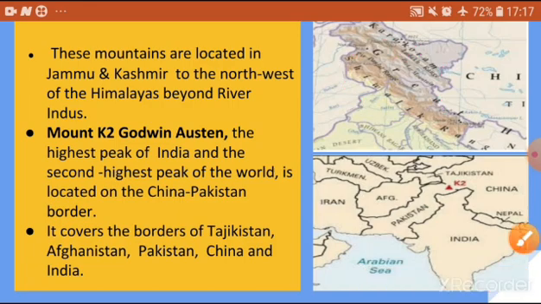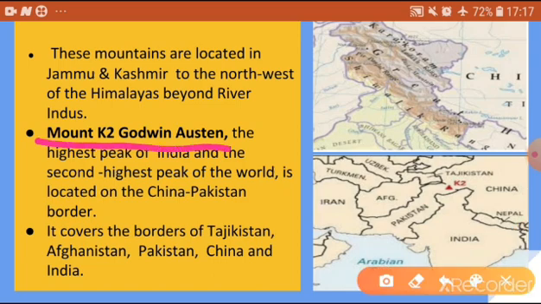In these Karakoram ranges, there is Mount K2 Godwin Austen. In the Himalayas, Mount Everest is the highest peak and it is the world's highest peak also.